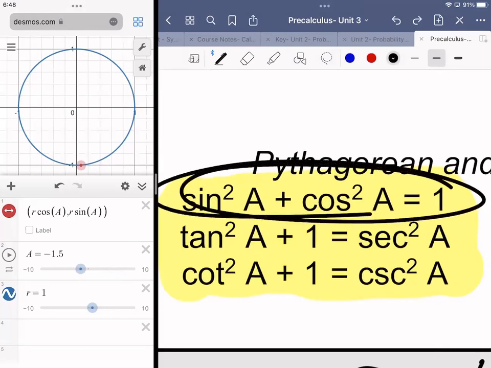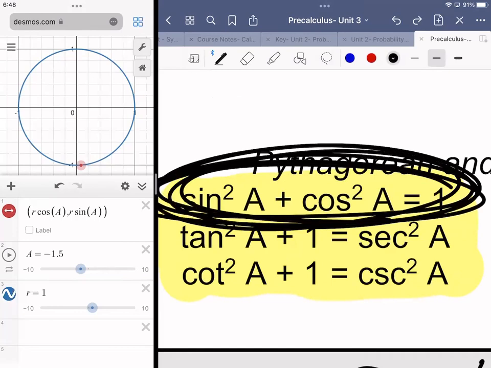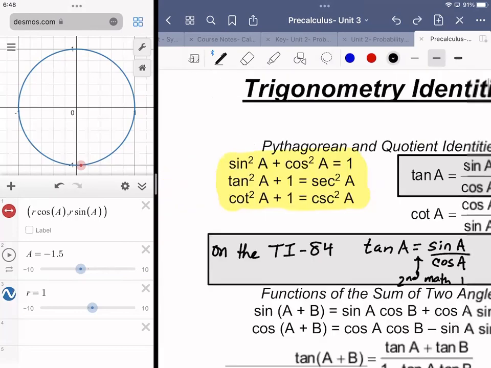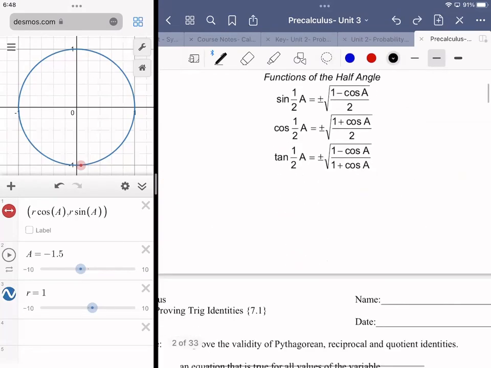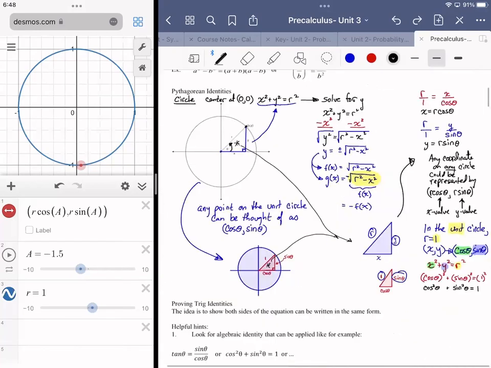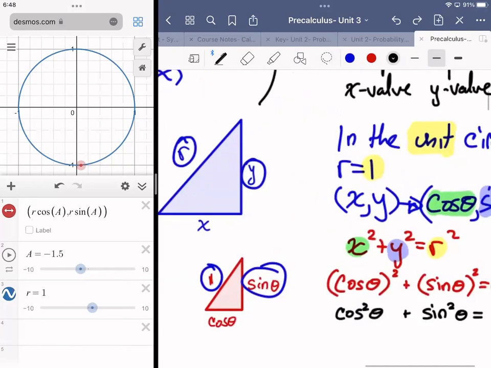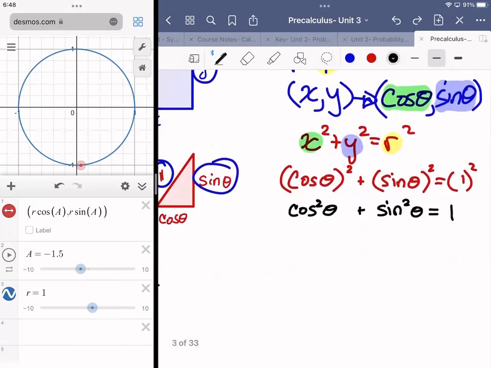Sine squared plus cosine squared is equal to 1. That's the first Pythagorean identity. Right? So just based off of, I mean, it took a lot to get there, but that's what this rule is. Right? It's written as sine squared plus cosine squared, but it's commutative. You switch the order and it's perfectly fine.